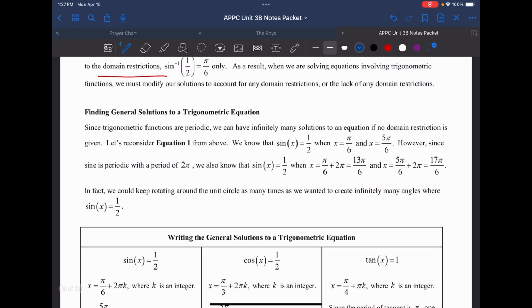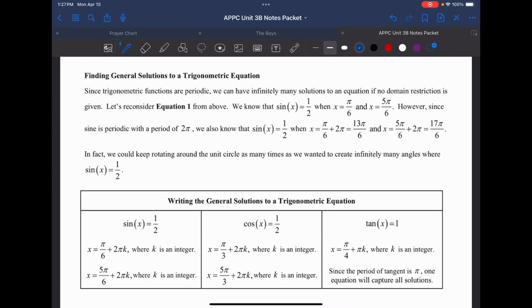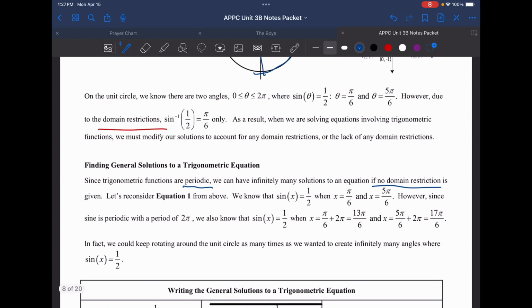And as we work with this to find a general solution, since trigonometric functions are periodic, that means they repeat, we can have infinitely many solutions to an equation if no domain restriction is given. So in our equation above, we're going to consider that. It says sine of x is equal to 1/2 when I have x equals pi over 6 and x equals 5 pi over 6.